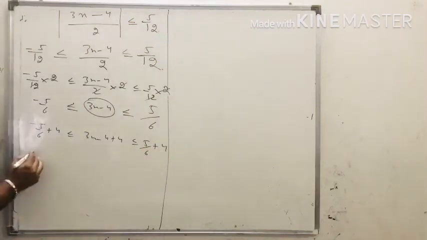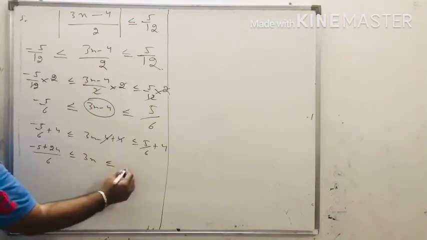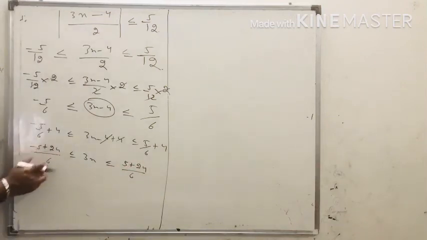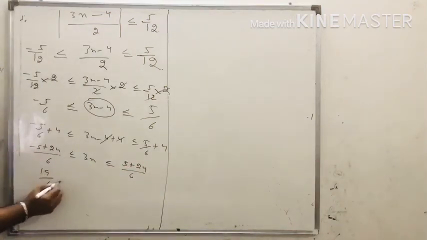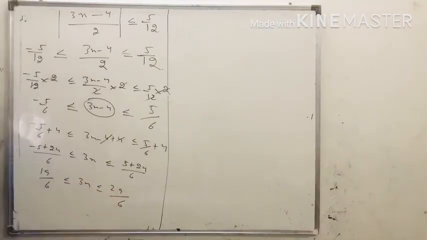When we add 4, this becomes 6, minus 5 plus 24, cancel out, 3x, LCM, 5 plus 24. So minus 5 plus 24, 19 upon 6, 3x, this becomes 29 upon 6.